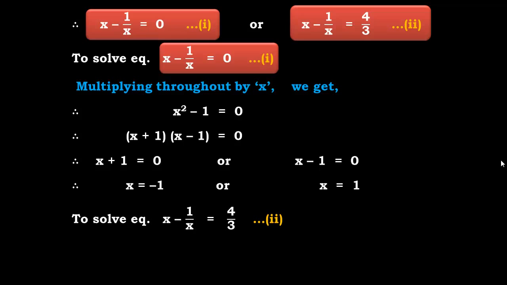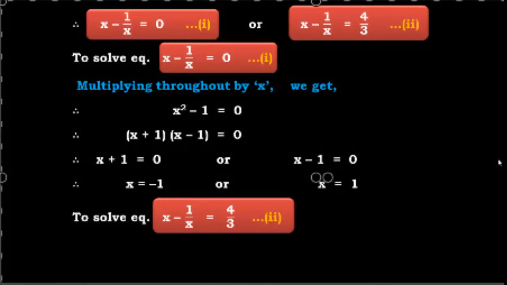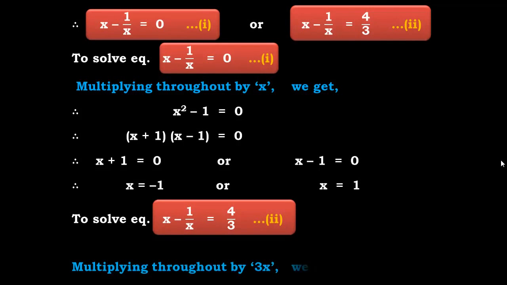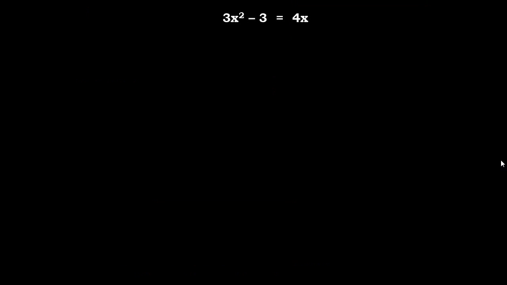Now to convert this into standard form, we can multiply throughout by 3x. So you get 3x square minus 3 is equal to 4x. We can bring this 4x to LHS. 3x square minus 4x minus 3 is equal to 0. Now 3 3s are 9.